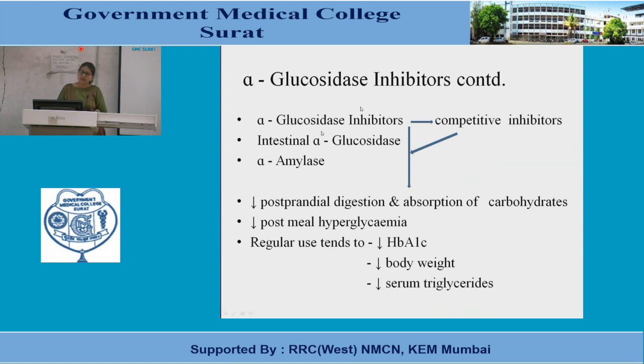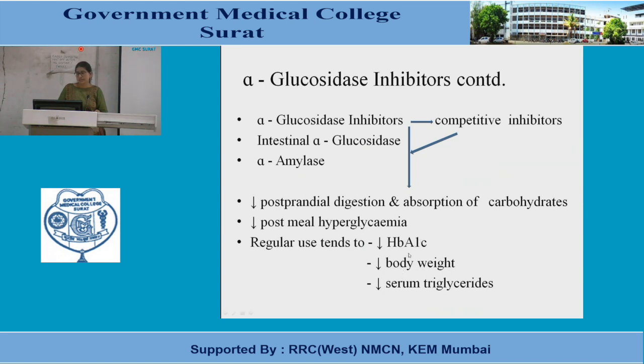So when we are using an alpha glucosidase inhibitor, there is decrease in the postprandial digestion and absorption of carbohydrates. There is decrease in the post-meal hyperglycemia. That leads to a lower concentration of blood glucose. So after regular use, this group of drugs, alpha glucosidase inhibitors, will decrease the glycosylated hemoglobin A1C.